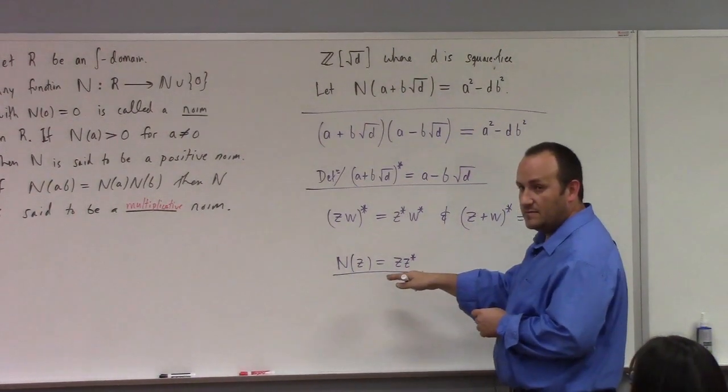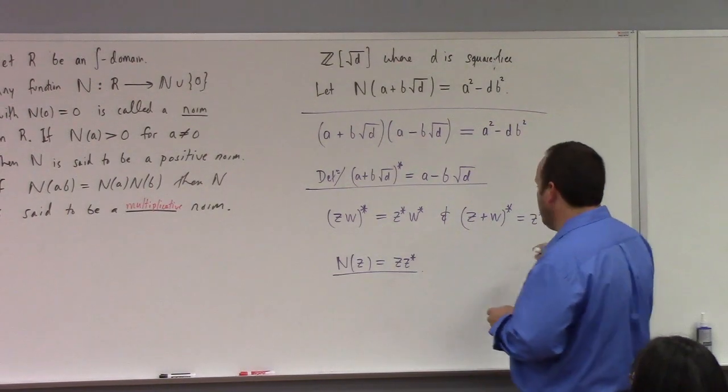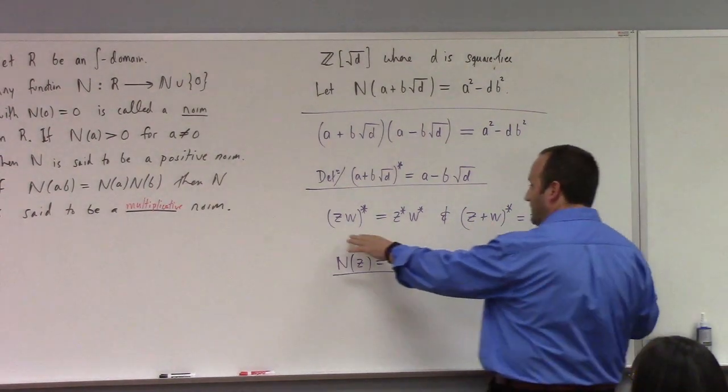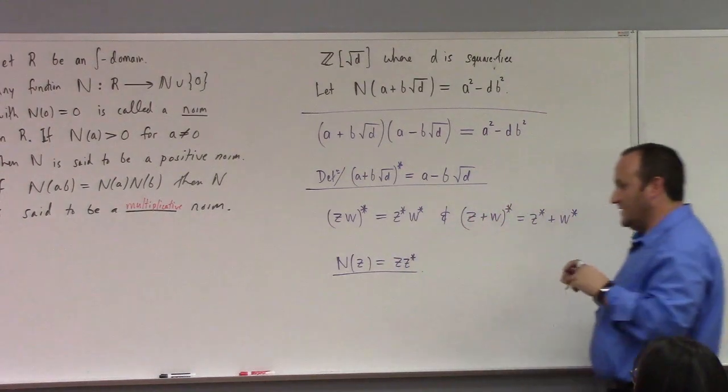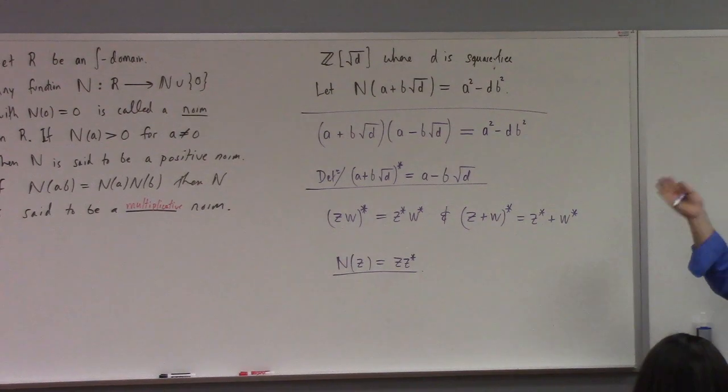It does satisfy these properties of the thing building the norm. I would say that in the case that D is negative, this norm is the modulus squared.